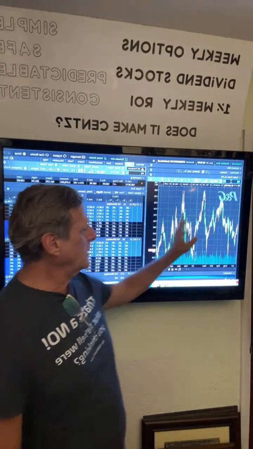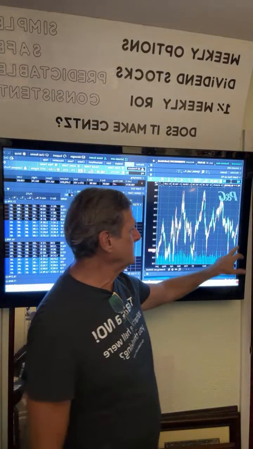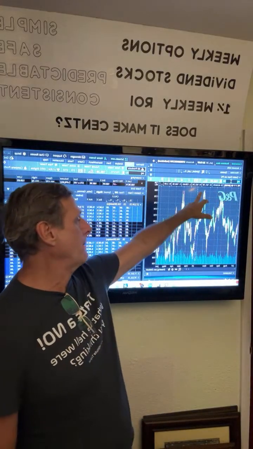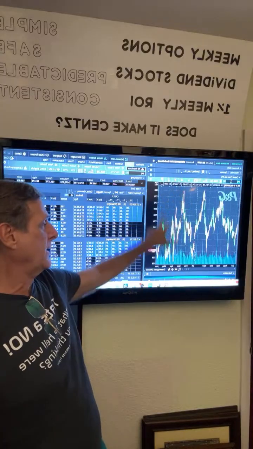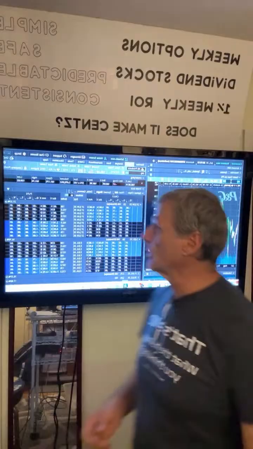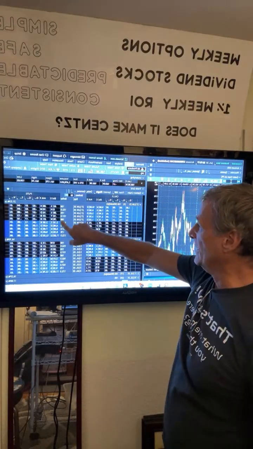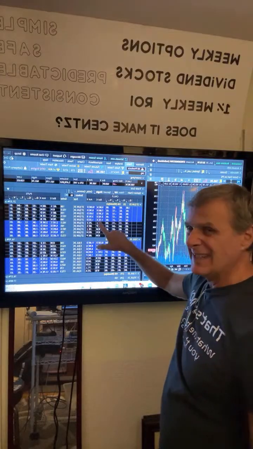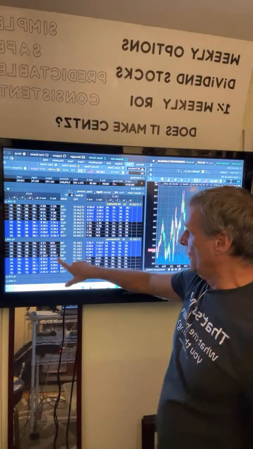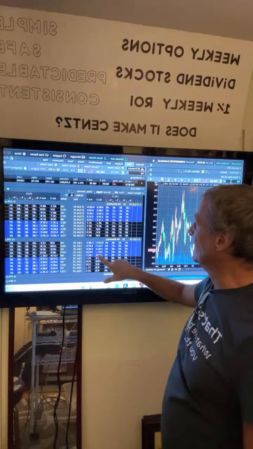High, low, where was it? Look at the motion. Down, up, down, up, down, up. Okay, fine. That's where we are. What do the numbers look like? Current price, 160.36. The 160 is going for 1.15. Not this week. The 160 for next week, 1.61.